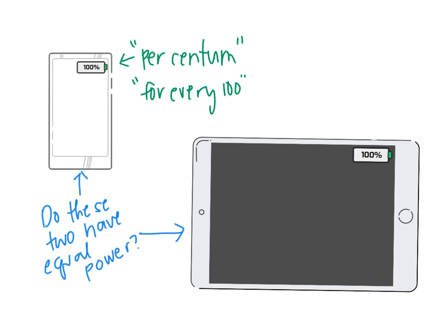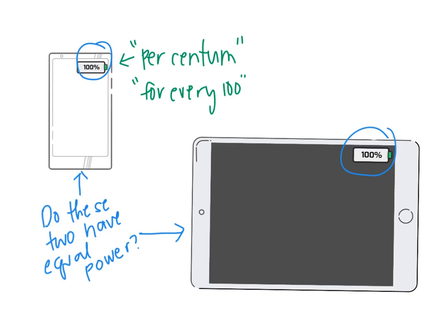This doesn't necessarily mean that these days all smartphones usually have lesser power than tablets. You can actually find examples of smartphones with bigger batteries than other tablets. But the point here is, the 100% that you see on the screen does not mean that both have the same amount of power.